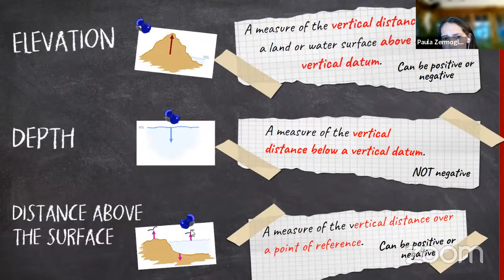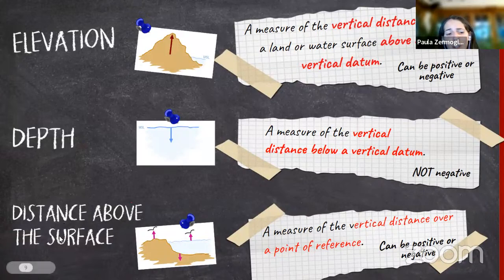So we're measuring the distance above that surface. If we're digging a hole at the bottom of the lake, our reference surface will be this interface between water and the bottom, the land at the bottom, and we can have a distance below this surface. And if we're measuring just from the land, we can have this interface between land and air, and so we're measuring a distance above the surface.